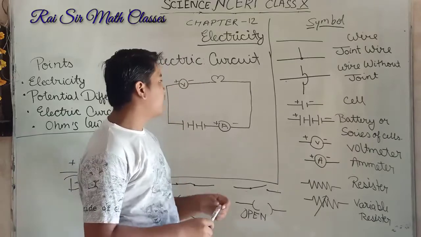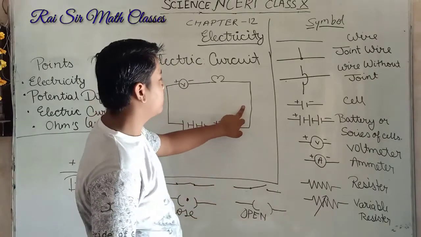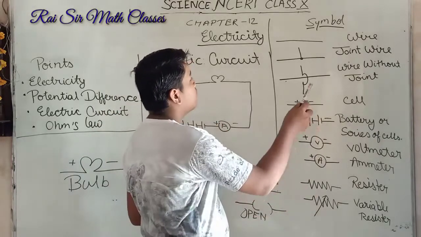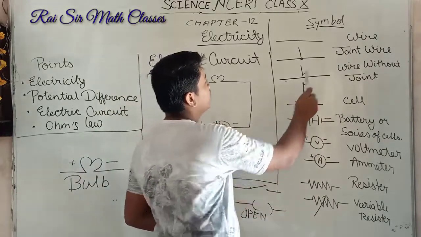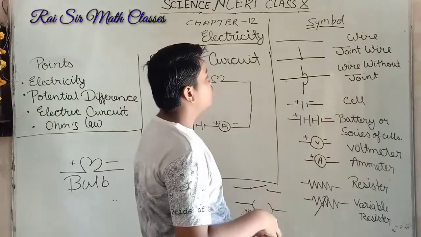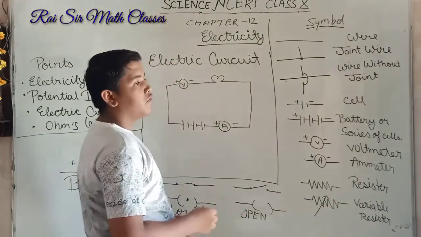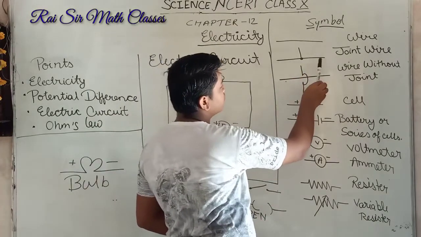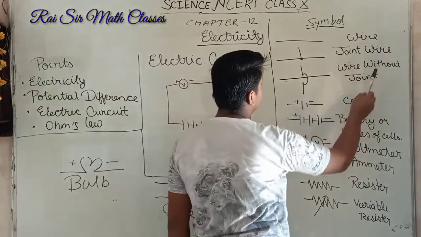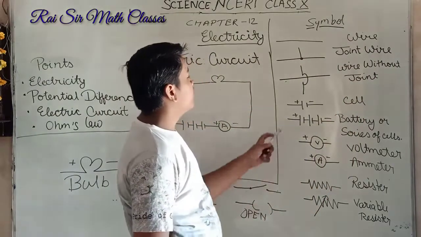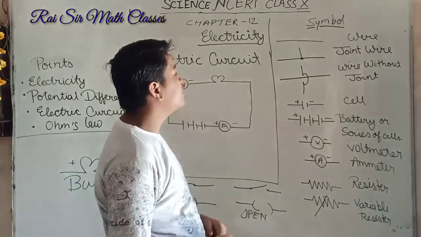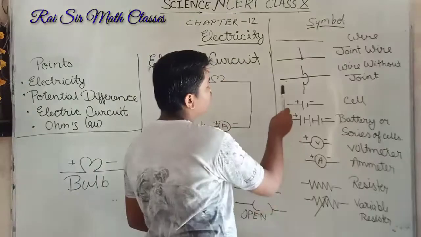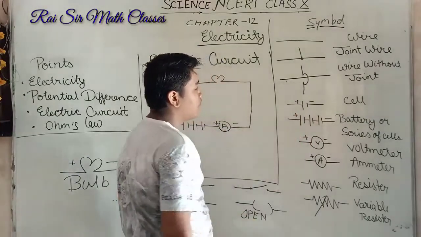If you make a wire like this, from this point to this point, this line is a wire, and when you join a first wire to a second wire, this diagram is used, a joint wire. If the wires cross each other without making a joint, you have to use this kind of symbol.